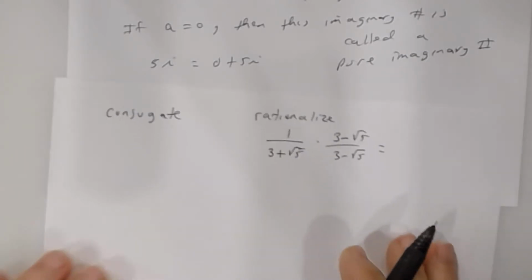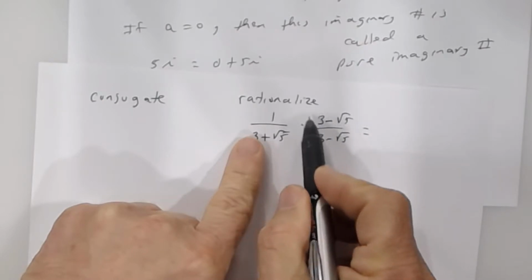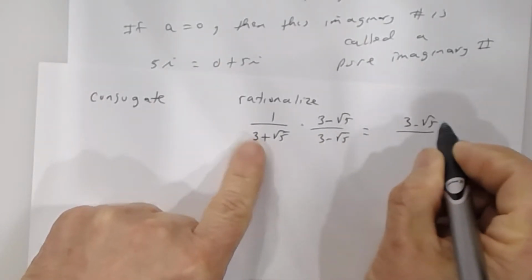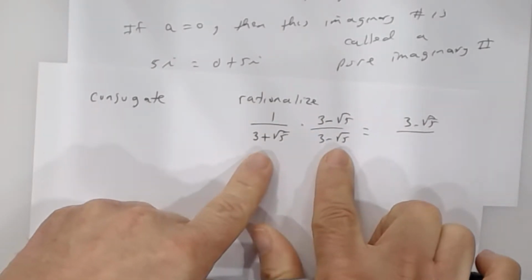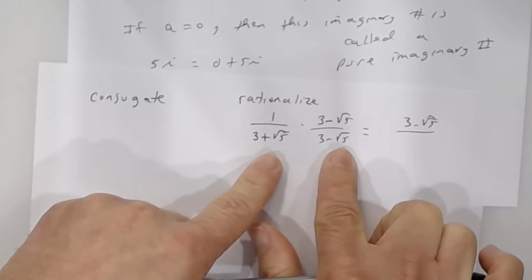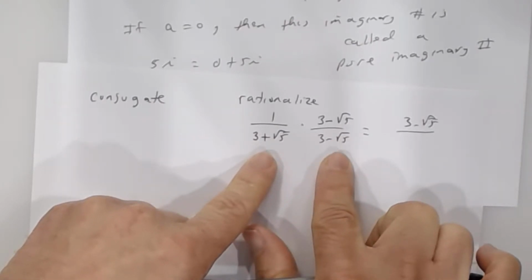And so you just multiply this out, and notice what's going to happen. When I multiply this out, 1 times this numerator is just this numerator, right? Now, when I multiply the denominator, notice those are both what kind of numbers? Binomials, all right? And I'm multiplying 2 binomials, so what can I use? FOIL.